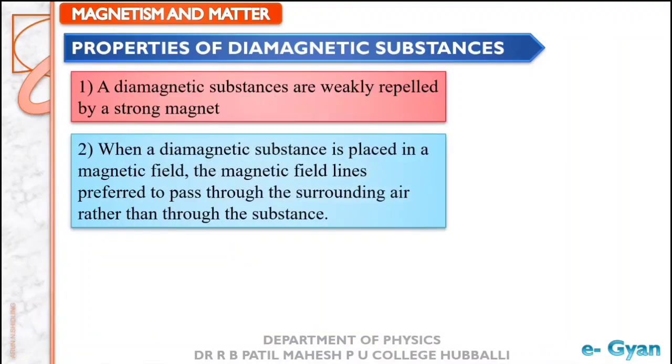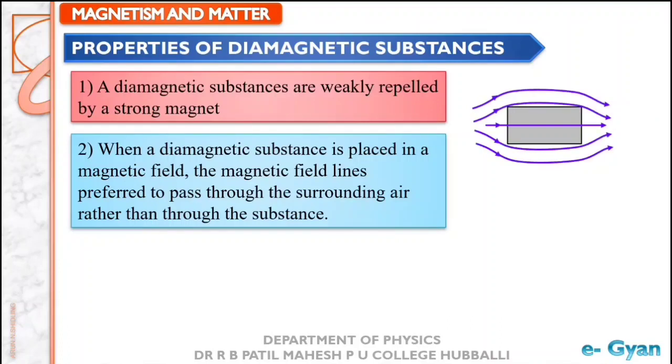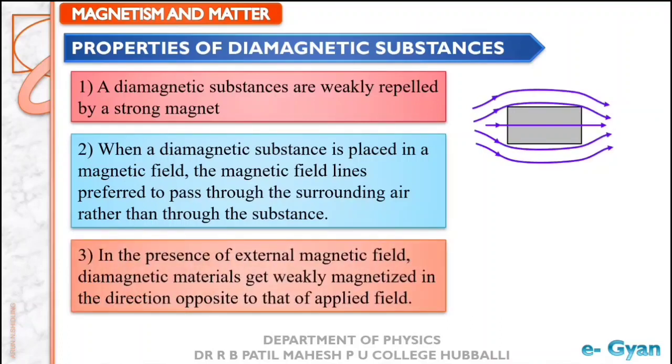Second property: when the diamagnetic substance is placed in an external magnetic field, the magnetic field lines prefer to pass through the surrounding rather than through the substance, as shown beside. Third property: in the presence of an external magnetic field, diamagnetic materials get weakly magnetized in the direction opposite to that of the applied magnetic field.